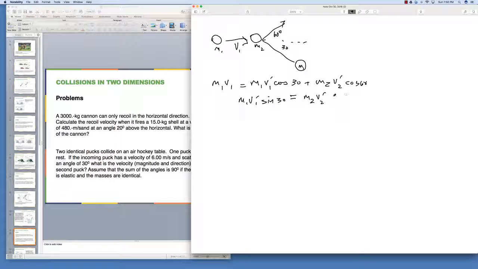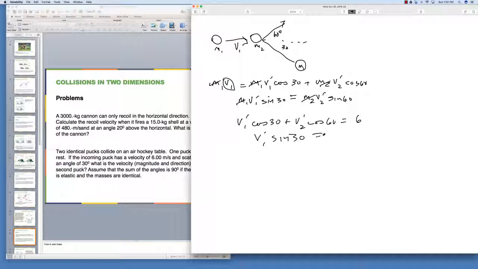Okay? Now, because these are all the same mass, the masses basically end up canceling each other out. And so you end up with V1 prime cosine 30 plus V2 prime cosine 60 is equal to 6, which is V1 here, because we canceled the mass out too. And you also know that V1 prime sine 30 is equal to V2 prime sine 60.